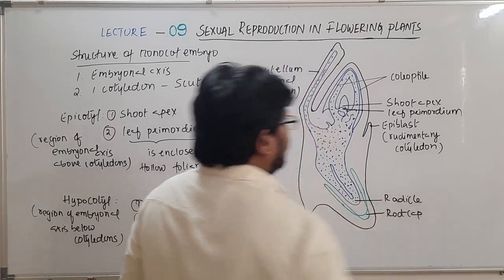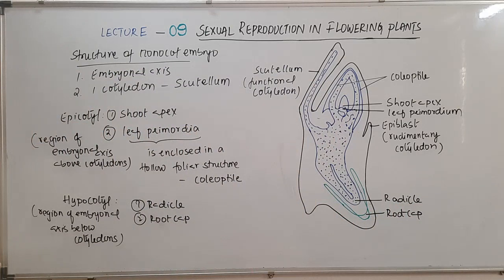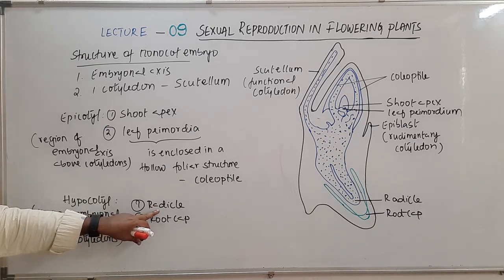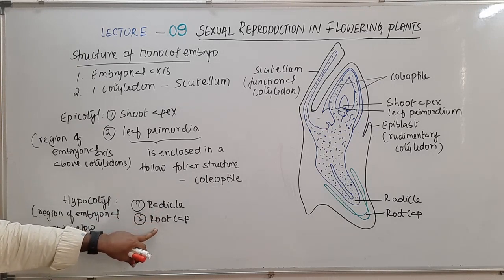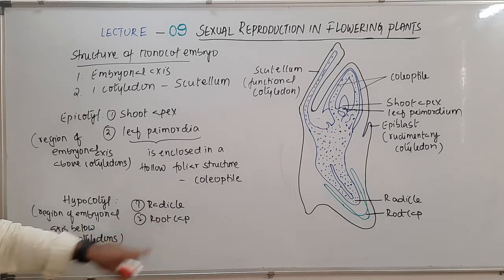Already I have mentioned that the radicle is the portion of the embryo which is going to develop into the root after germination. And this root cap is in fact covered by an undifferentiated sheath.